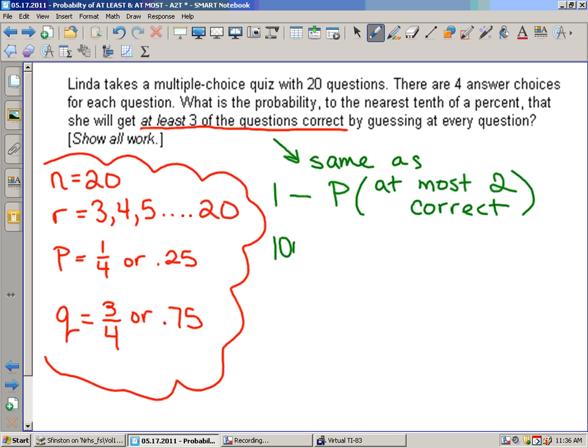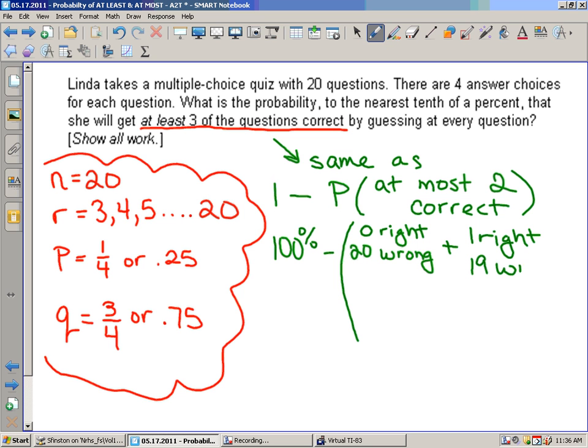What I mean is from 100% subtract away, I got to use a big, big, big bubble. 0 right, 20 wrong, plus 1 right, 19 wrong, plus 2 right, 18 wrong. Do you understand what I'm talking about, Mick?